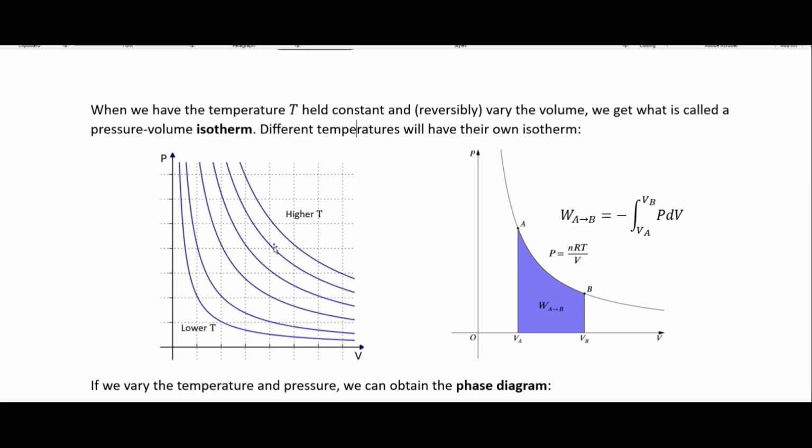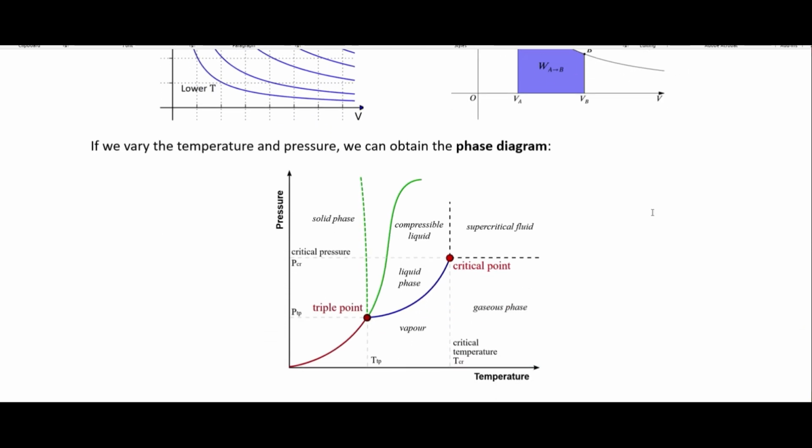Then we can increase the temperature until we get up to here. Then this will be our isotherm. This will be what happens to the pressure as we adjust the volume. And we can actually calculate the amount of work we do by moving across an isotherm by just taking the integral of the pressure times the change in the volume here. Again, we'll talk more about what all that means in future videos, but this is just a sneak peek about what we're going to be talking about in the future.